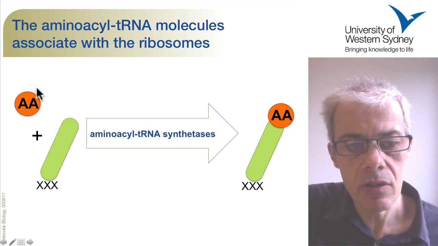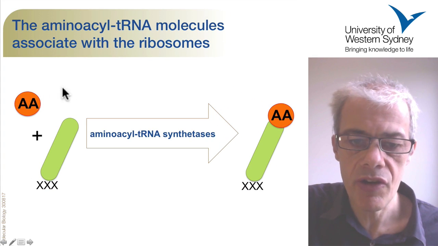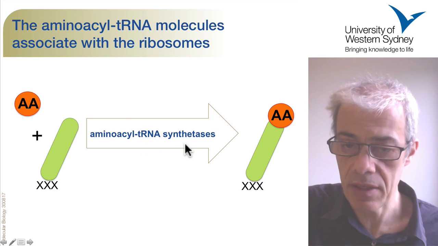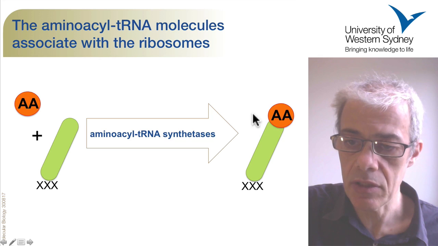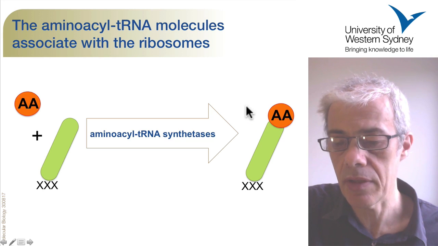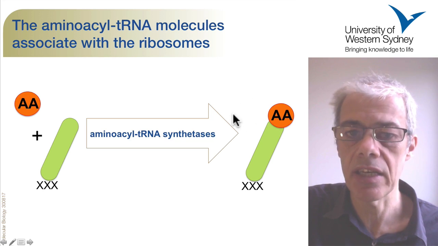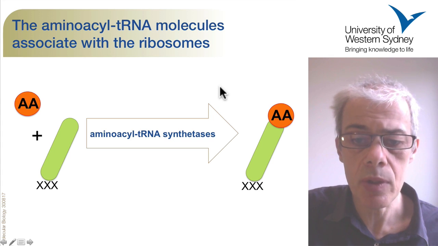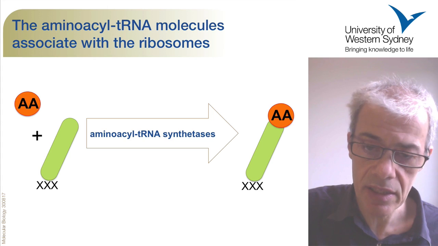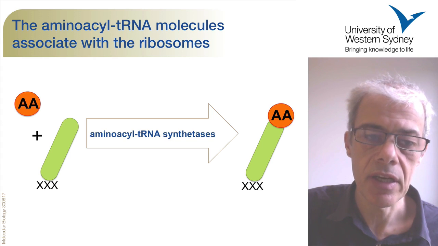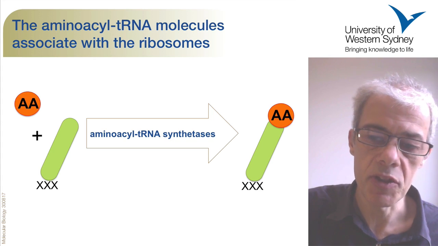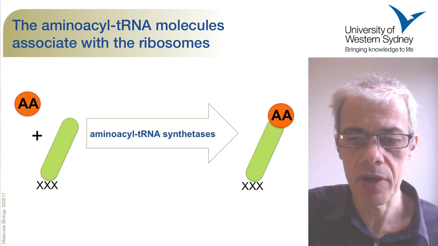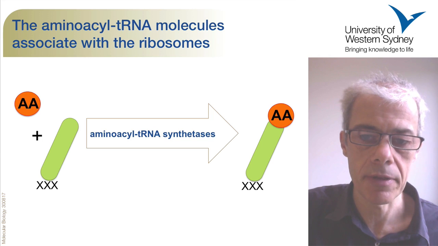Remember, there are 20 amino acids, so there are at least 20 different tRNA synthetases to make these building blocks. So we have a pool of tRNA synthetases that are able to attach individual amino acids to specific transfer RNAs so that they can then be used in the process of initiation and elongation.